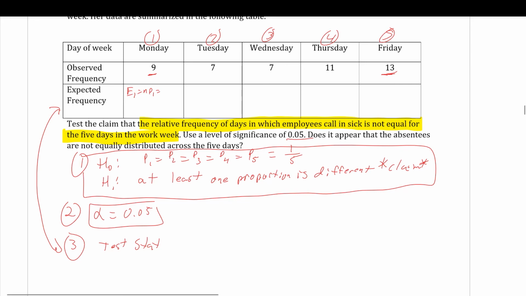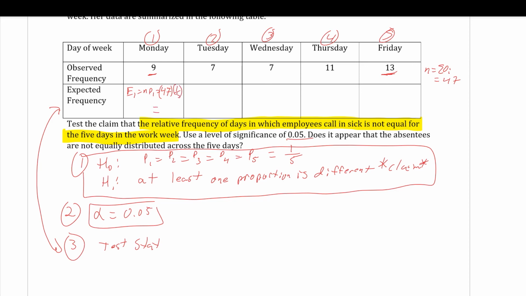Well, what's n? Well, n has to be the total number of observations. So we have to calculate that over here. The total number of observations. All right, if I calculate 9 plus 7 plus 7 plus 11 plus 13, I get n equals 47. So we have 47. And then P1 is just, well, they're all the same. It's 1/5.